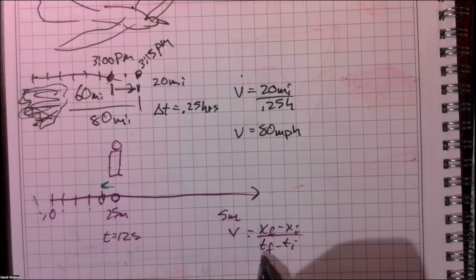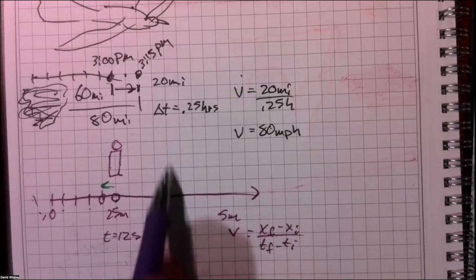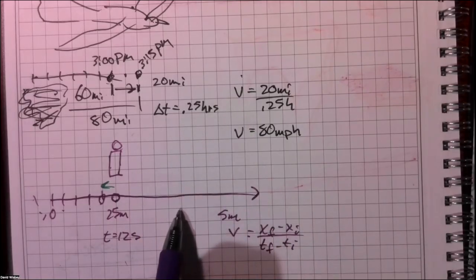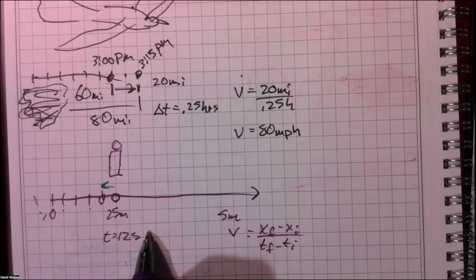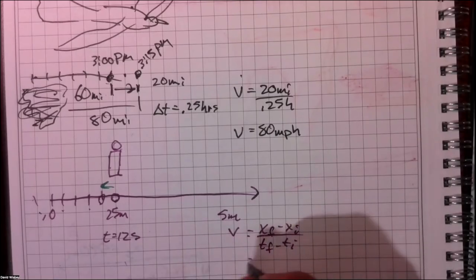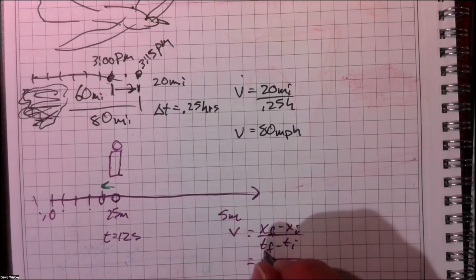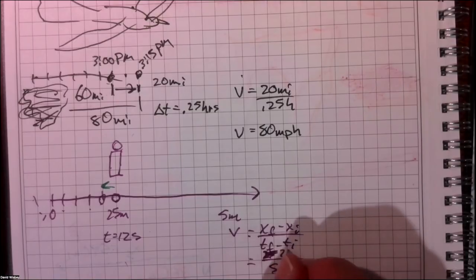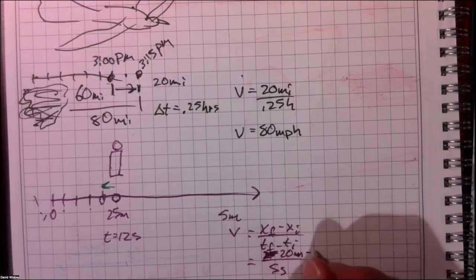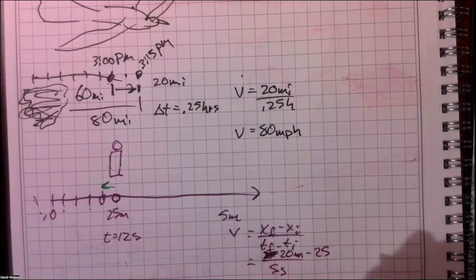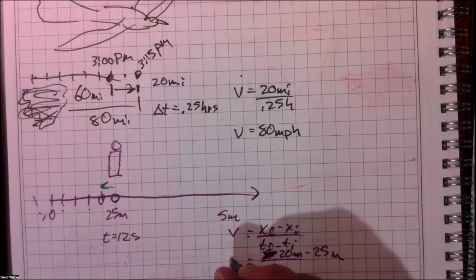Okay, so this is what we're doing. We're just going to plug in our information. Now, it tells us that this took 5 seconds. So we don't care that it started at 12 seconds because it says 5 seconds later. So on the bottom here we're just going to put 5 seconds. And then, oh yeah, our final position was 20 meters minus our initial position, which is 25 meters.